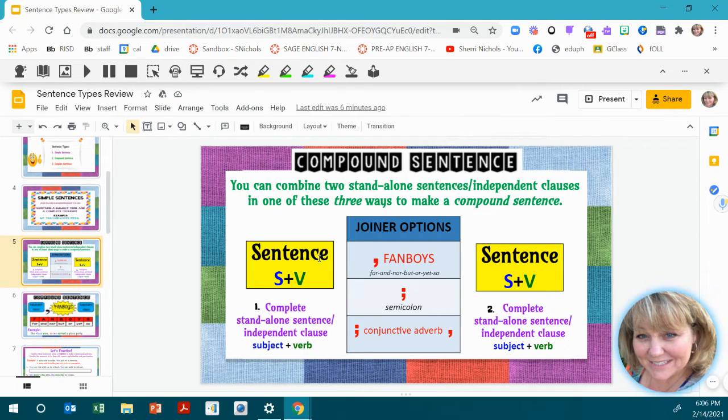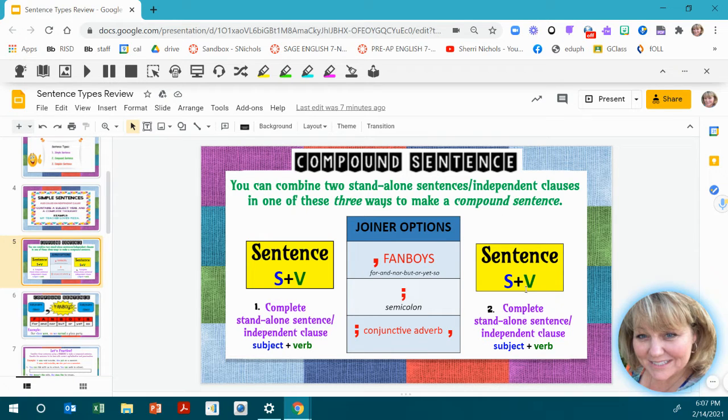When you join these sentences together, we have a subject plus a verb, so it's a complete standalone sentence. It's an independent clause. You can join it to another complete standalone sentence, with a subject and a verb, by a comma and a FANBOY: for, and, nor, but, or, yet, so.